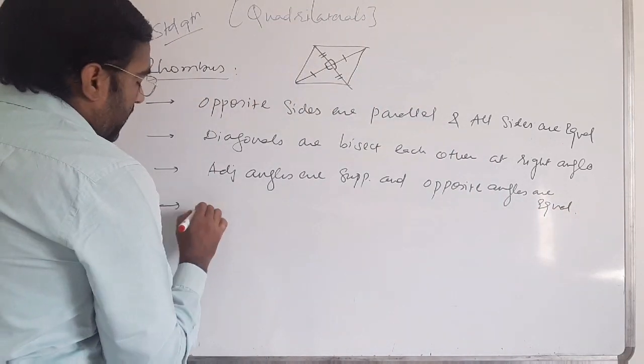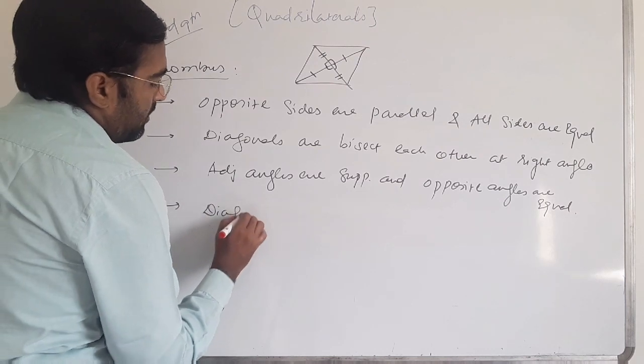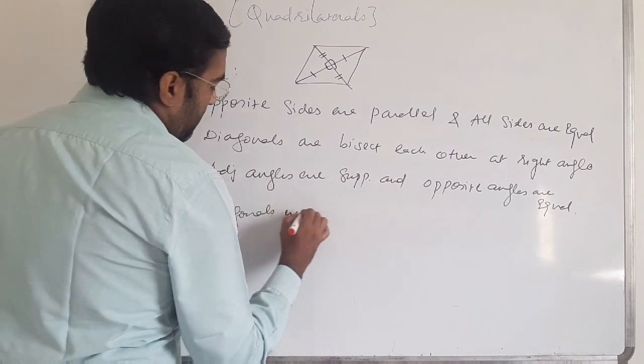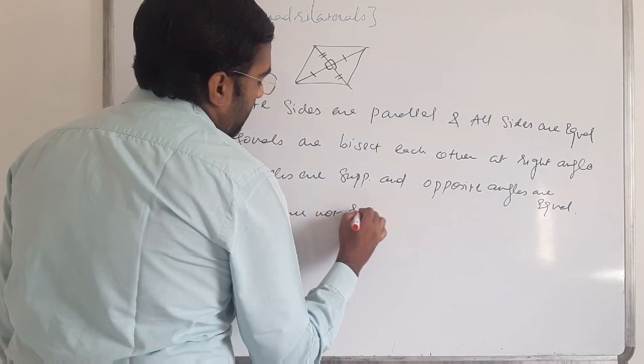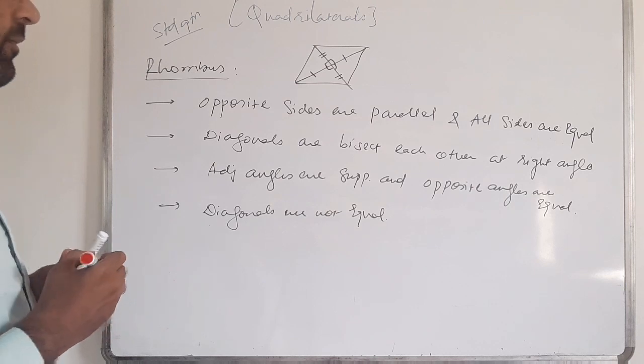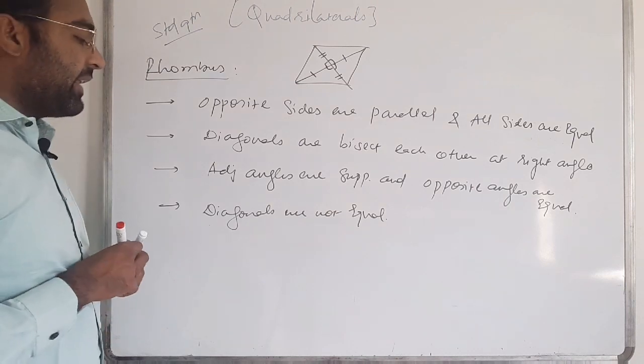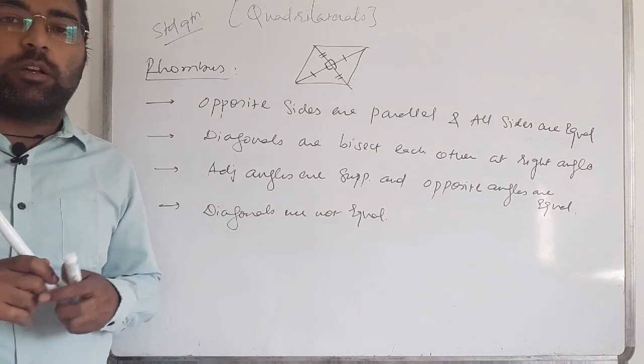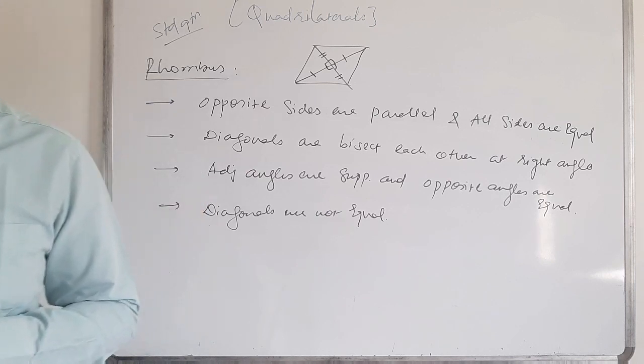And diagonals are not equal, similar to a parallelogram, whose diagonals are not equal. Okay, note down these properties of the rhombus.